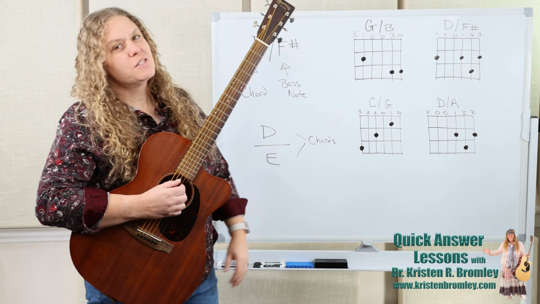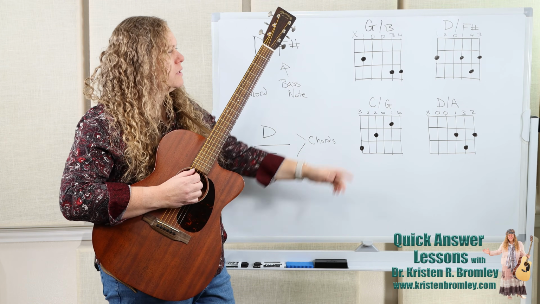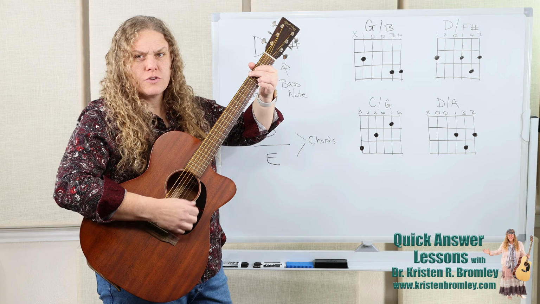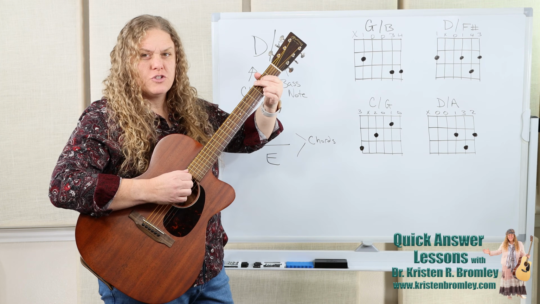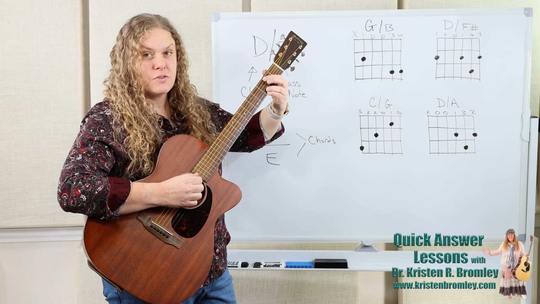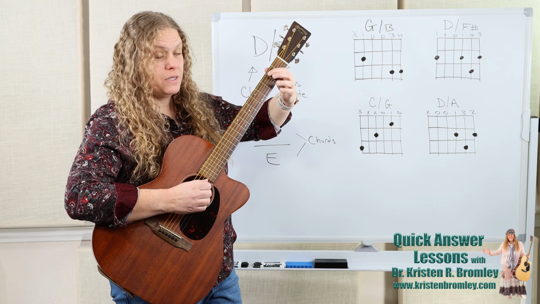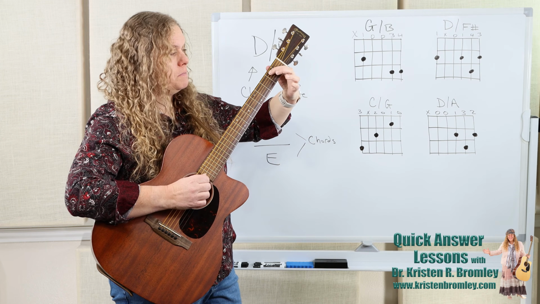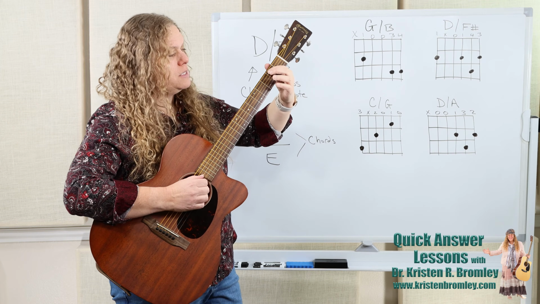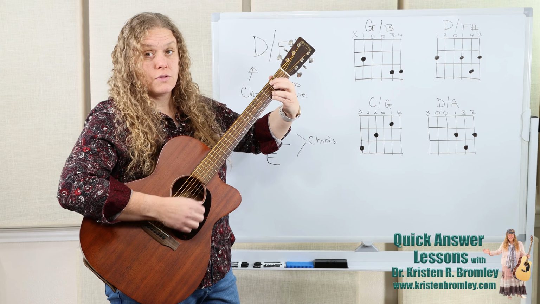So G over B, this is one of the ones I've run into the most. A couple ways to play it. You can take the four-finger G that's so common, and then basically just mute that low string, and play your index on a B note, and then the open D and G strings, and then the top two strings, ring and pinky at the 3rd fret.